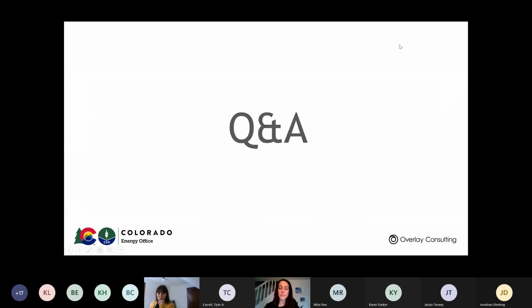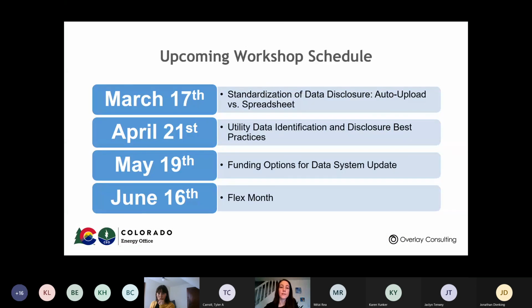So the upcoming schedule includes our next session in March, where we're going to go over the standardization of data disclosure, discussing in a little more technical detail auto upload versus spreadsheet options for getting owners their whole building aggregated data.